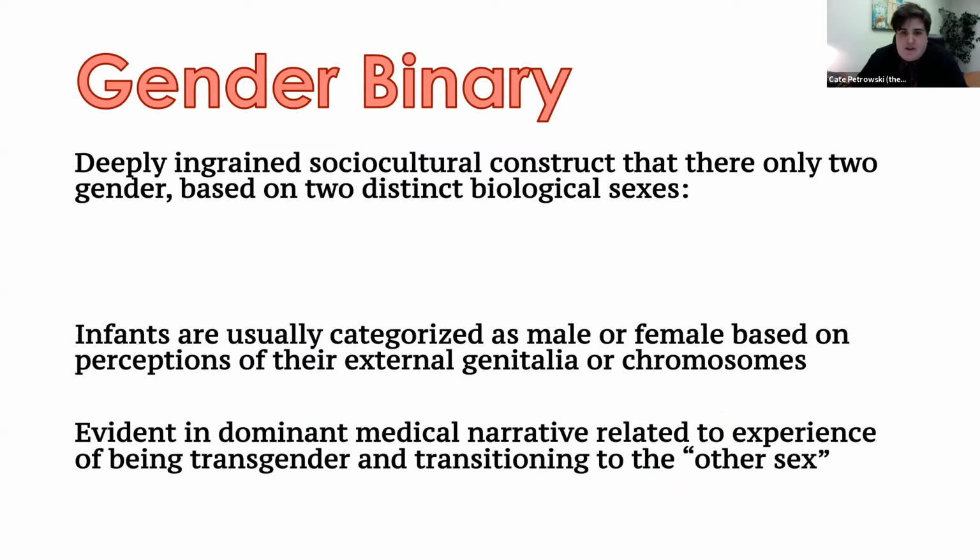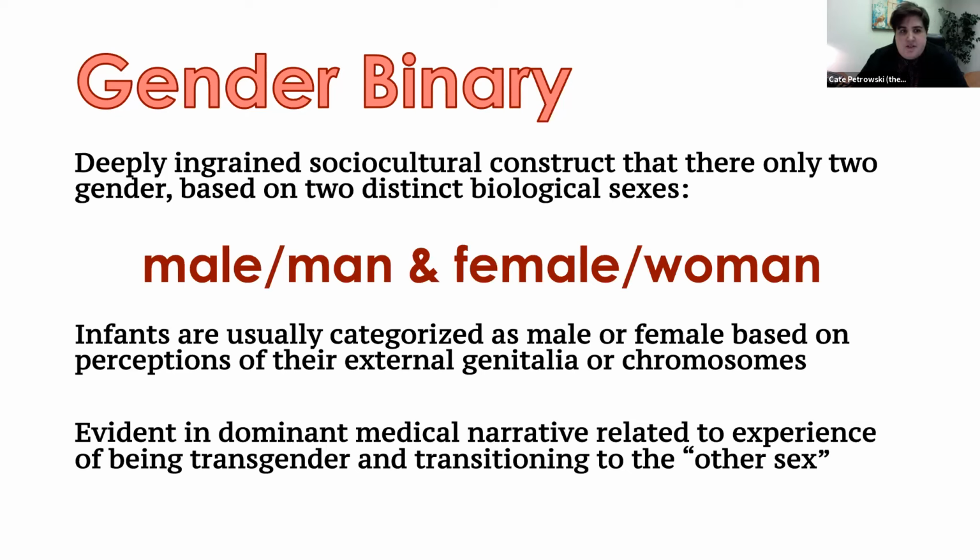So it would be male or man and female or woman, just seeing those as the only two categories, and folks either fit into one of those two categories. And so it starts off from birth. Infants are usually categorized as male or female based on their external genitalia or chromosomes.